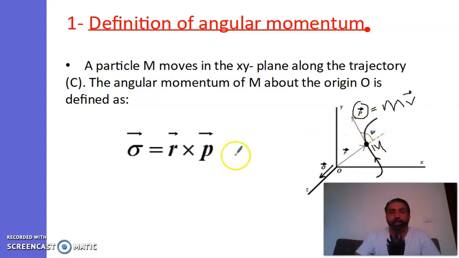This is the most general definition of the angular momentum of a particle with respect to a point, or with respect to an axis passing through this point.